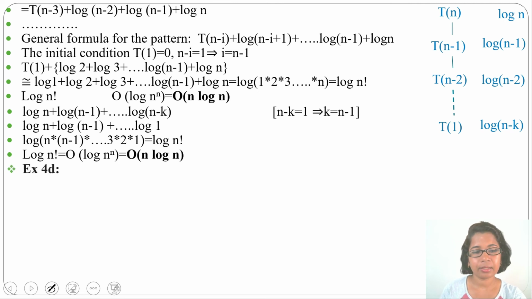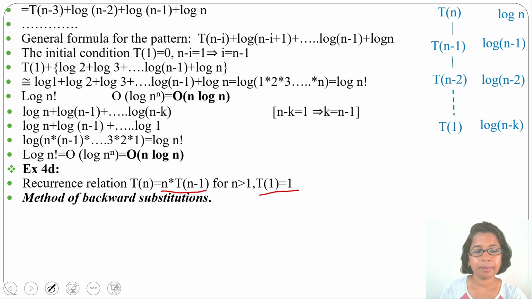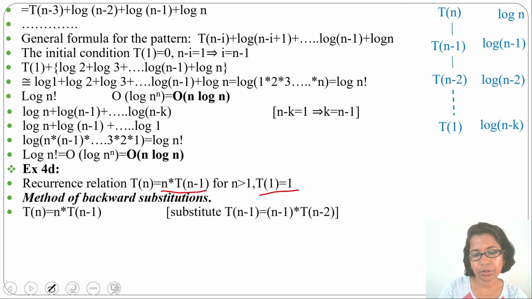Let's discuss another variation. Suppose the recurrence relation is T(n) equals n multiplication T(n minus 1), and the initial condition is T(1) equals 1. Let's apply the method of back substitution. Now in place of T(n minus 1), we can substitute (n minus 1) multiplication T(n minus 2).